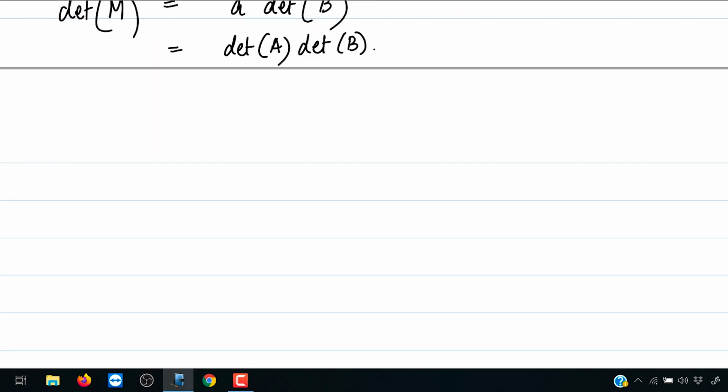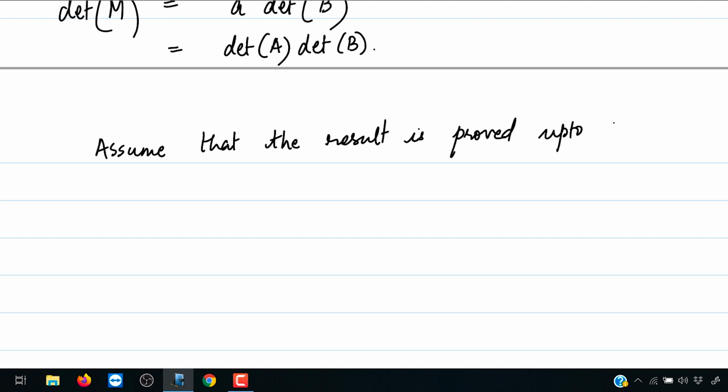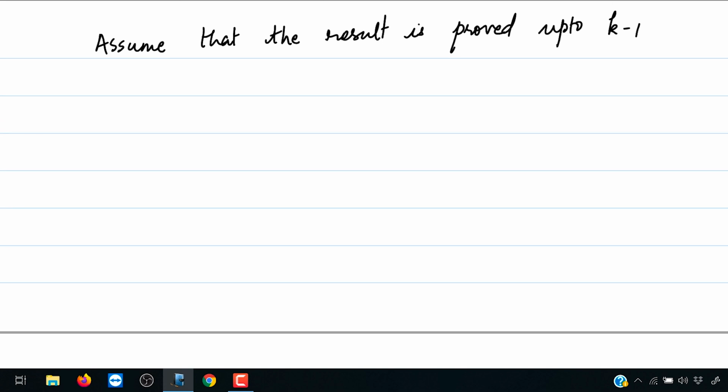Okay, so let's go further with the induction hypothesis. Assume that the result is proved up to k minus 1. Let's now prove it for the case when our A is of size k cross k.